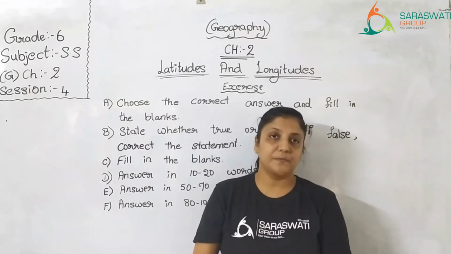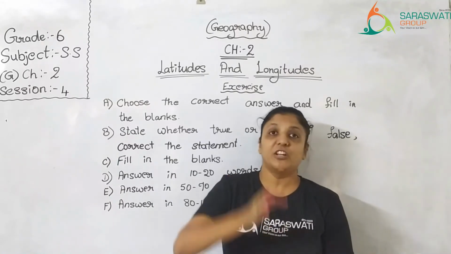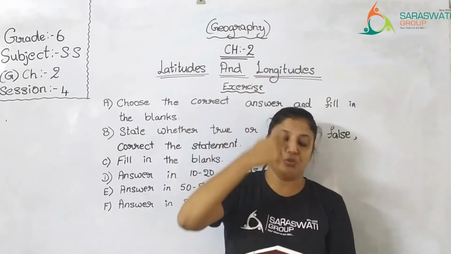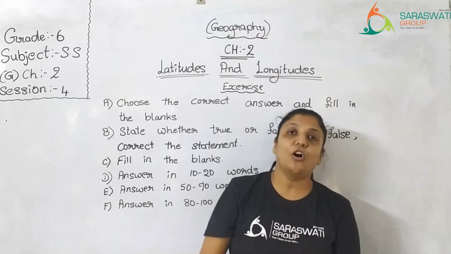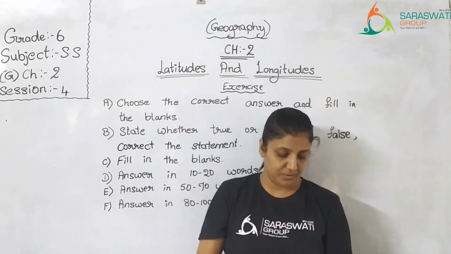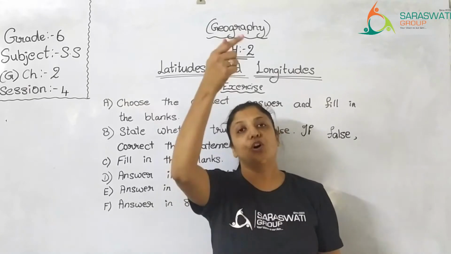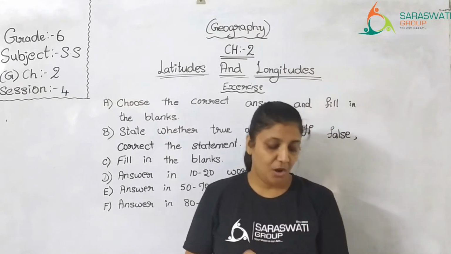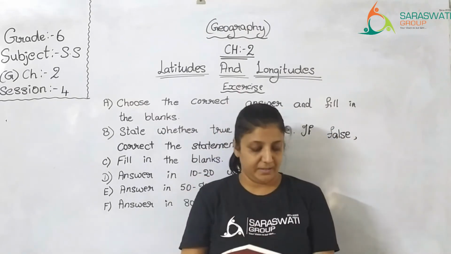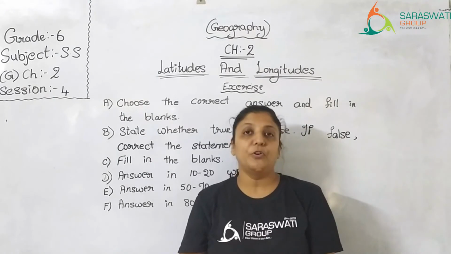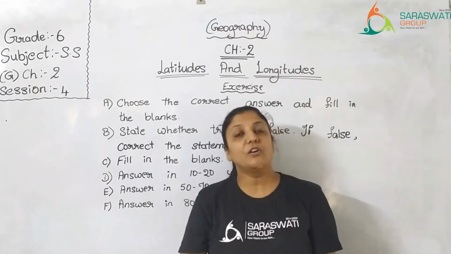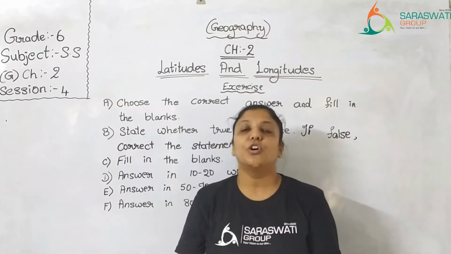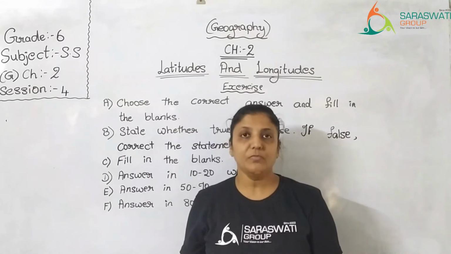The answer is a set of imaginary vertical lines drawn from North Pole to South Pole are called meridians of longitude. They run in north-south direction.